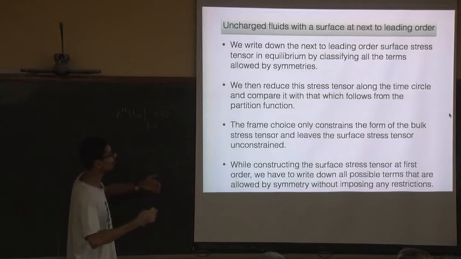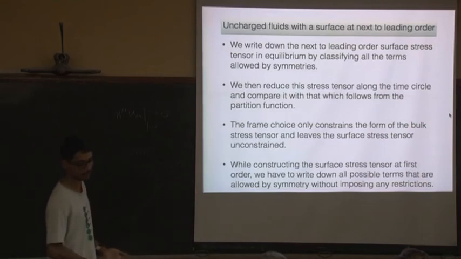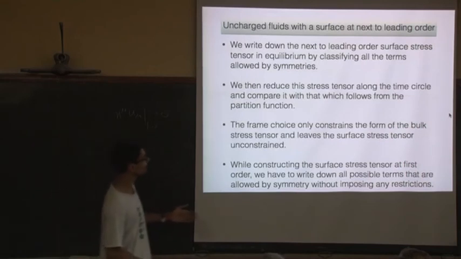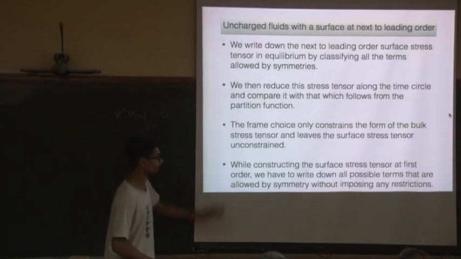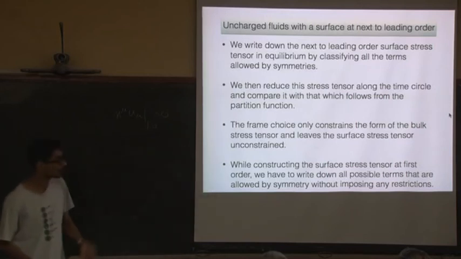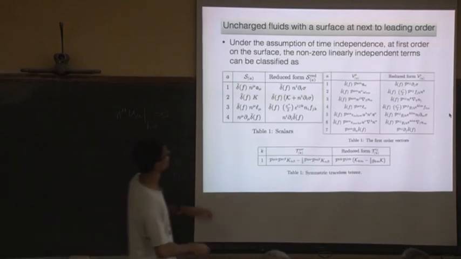So basically, the stress tensor at the surface is not constrained by the frame choice. So we have to write down all possible terms that are allowed by symmetries at first order, without imposing any restrictions.